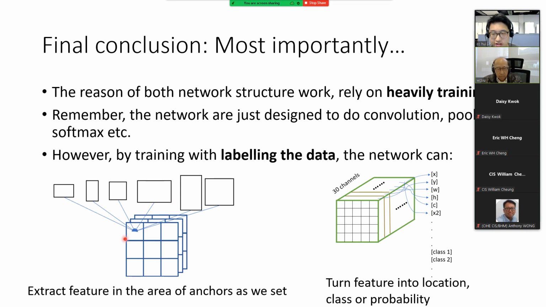Of course, multiple channels, don't forget about it. And the second example is to turn features into something like location, class, and probability, which you cannot do by just having some fixed rule or fixed code. We only use training to make the network do this like magic work.